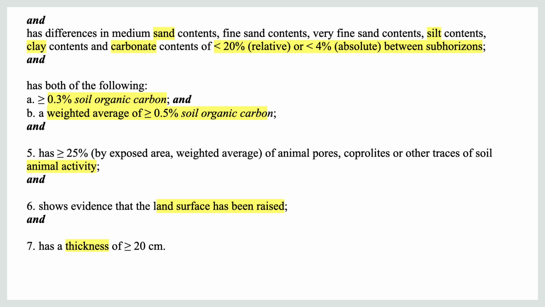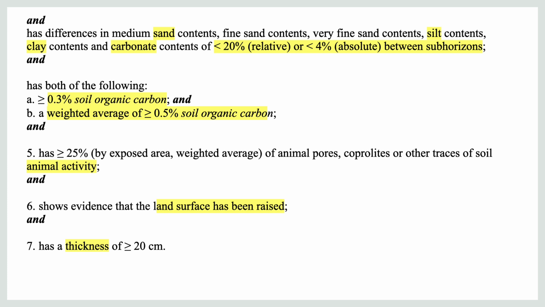I need to register any evidence in the field that the land surface has been raised. And it's quite common to see this in the field because, for example, the areas that are cultivated register higher altitudes, could be some centimeters, could be 1 meter, 2 meters, or even higher than this.